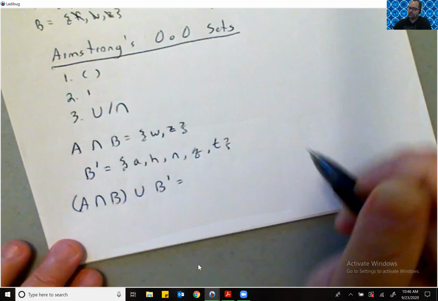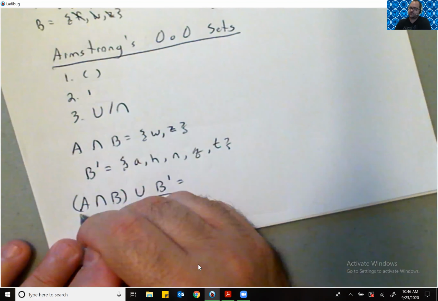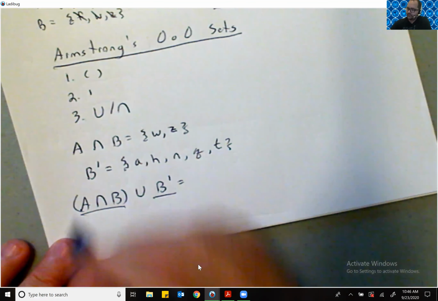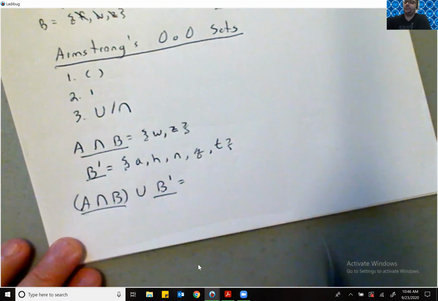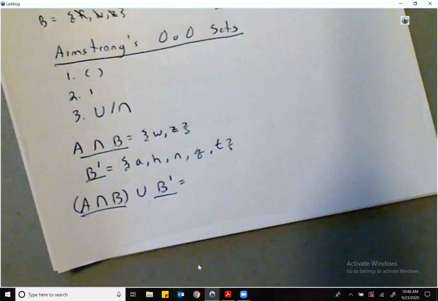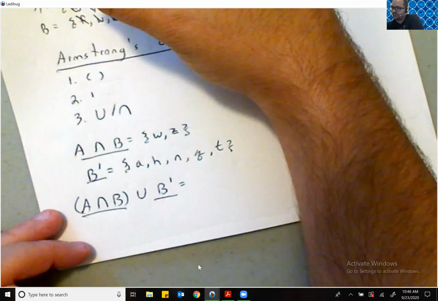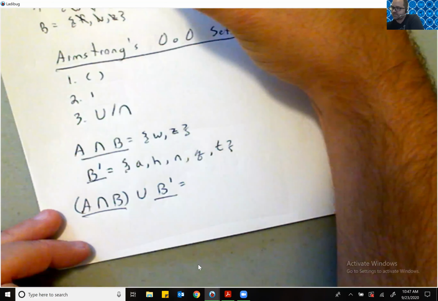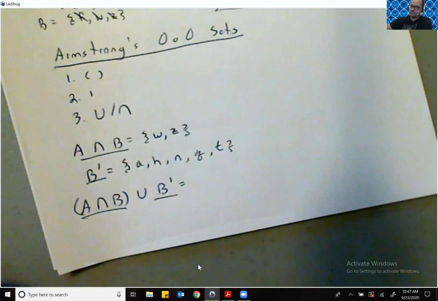So we're taking the union of these two sets, which are right here. What does union mean for us? Like all of them? Yes, all of them. Anybody in these sets, you're coming to the party.